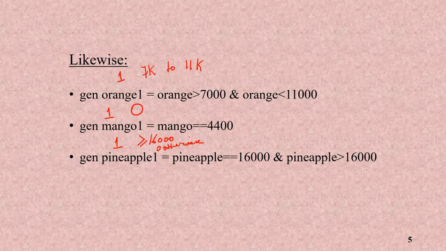So if we click enter, then it will automatically create a new variable pineapple1, which is again a binary variable. It will take 1 if the area under pineapple cultivation is 16,000 hectare or greater, or if it is less than 16,000 hectare, it will take 0. So in this way, by putting various conditions, we can convert a variable to a binary variable.